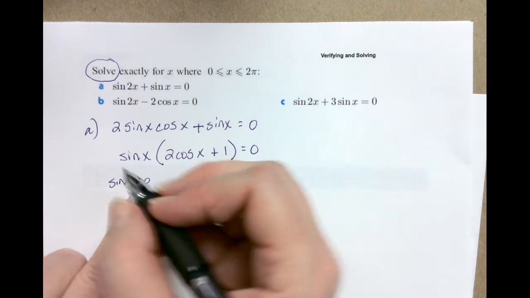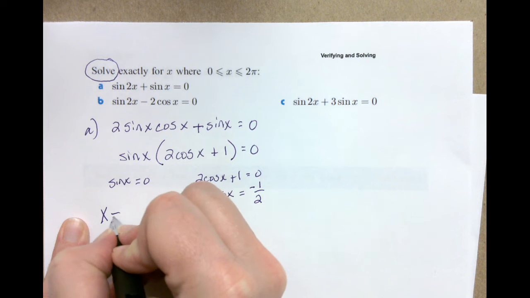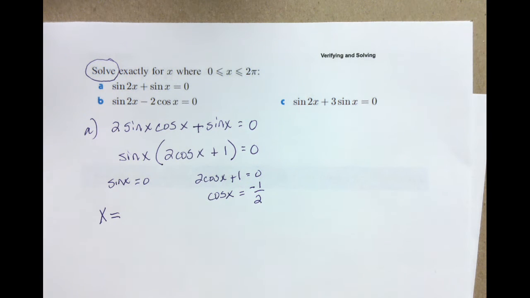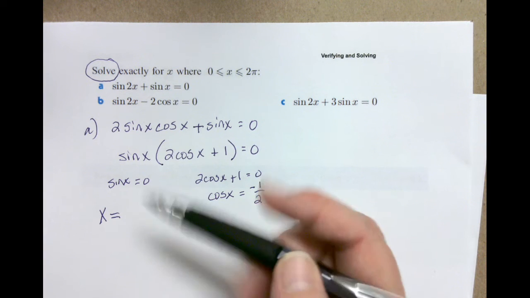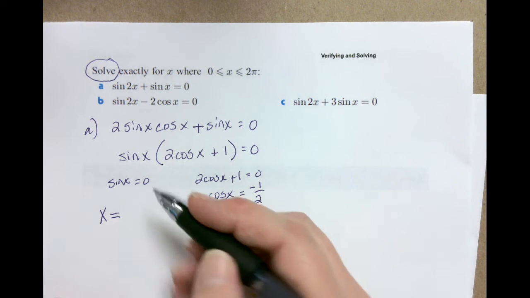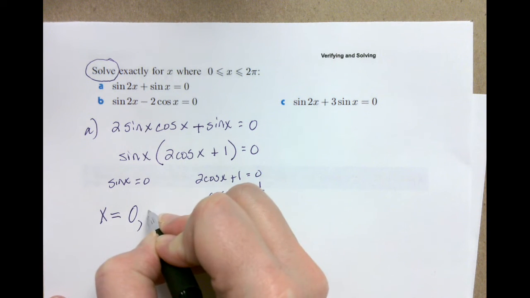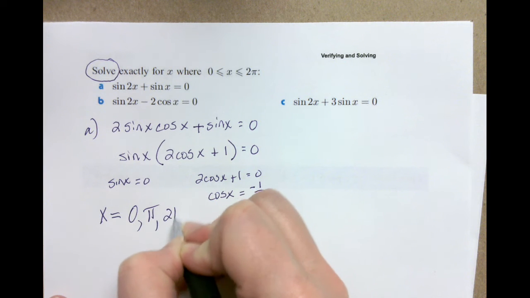Okay, so where does sine of x equal 0? 0, pi, and 2 pi. Good.